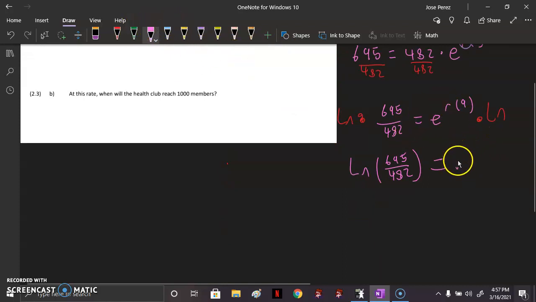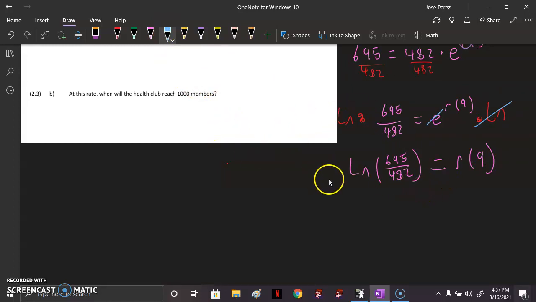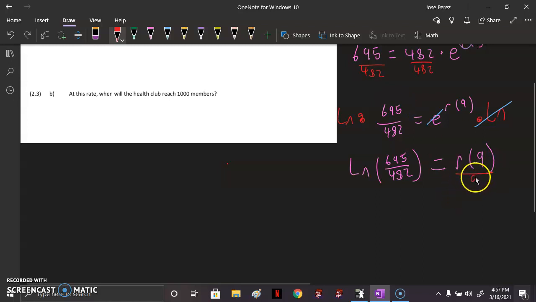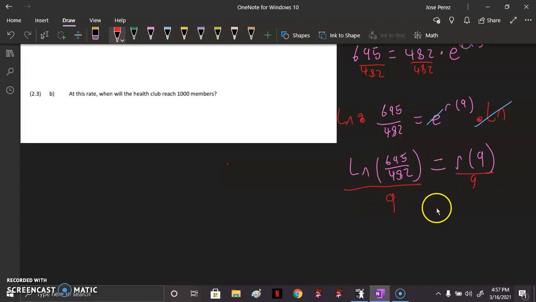So all we get is r times 9, because the ln cancels out with the e. And then what we can do now is divide by the 9, so ln of 695 over 482 divided by 9 equals r.